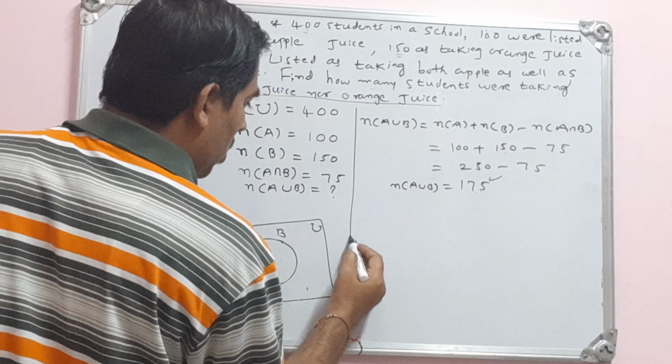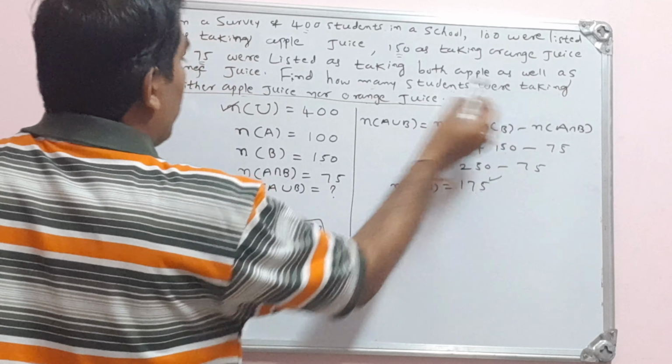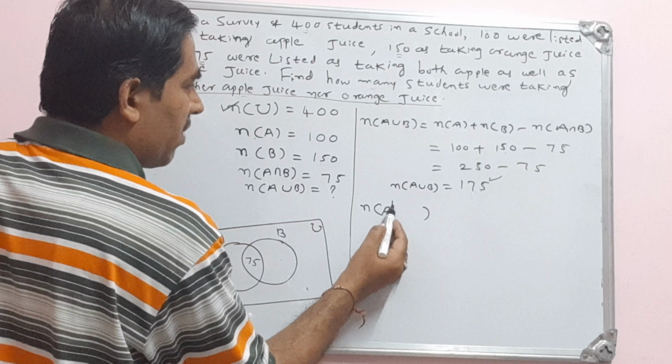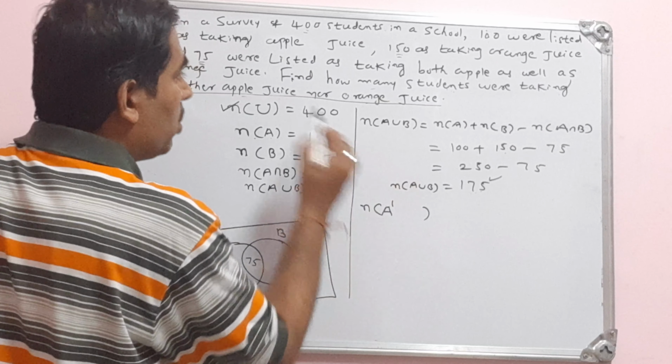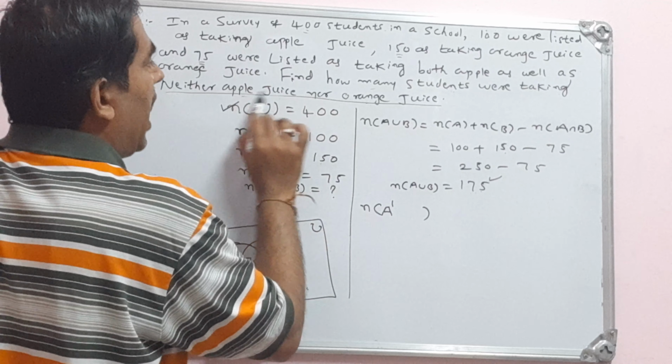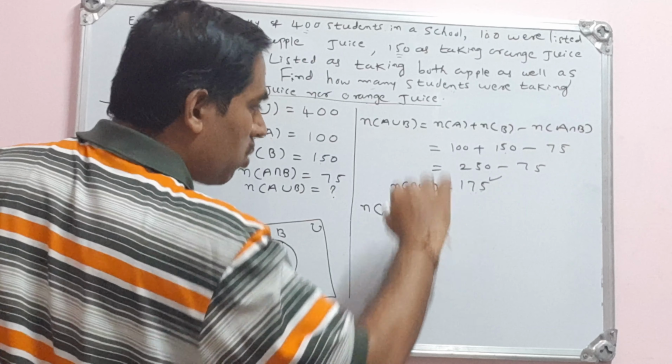That means, see, what we have to find out? I underline this sentence: neither apple juice nor orange juice. N of A means 100 were taking apple juice, so I don't want those. That means complement of A. They will not drink both apple juice and orange juice, and means intersection.